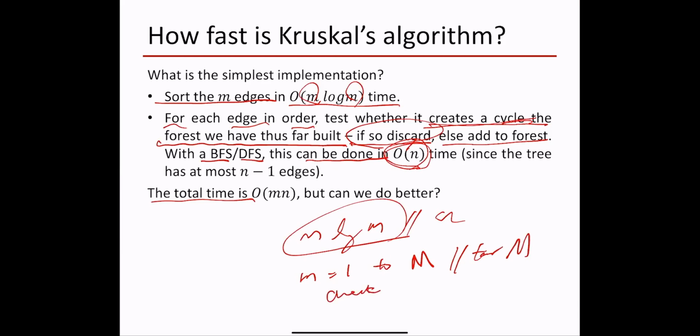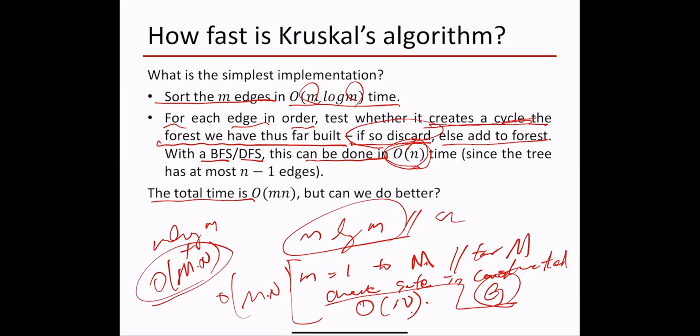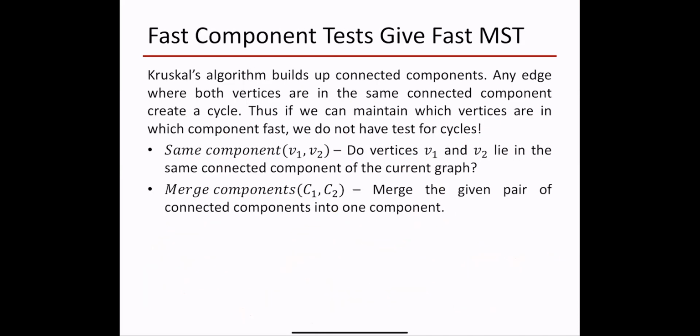Check whether it is safe in the constructed graph G. This process takes big O of n, therefore m times n computation. Therefore, m log m plus big O of m times n, which is big O of mn. All right. So a fast component test gives a fast MST.